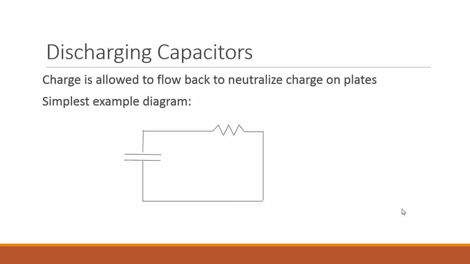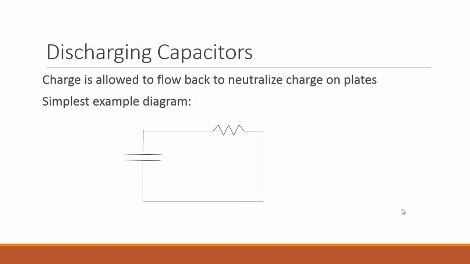So eventually, if you run current long enough, these capacitors will just act like a break in the circuit, and current won't be able to flow in that path. It'll stop the current wherever you have a capacitor.